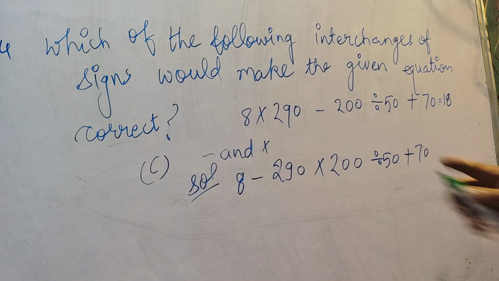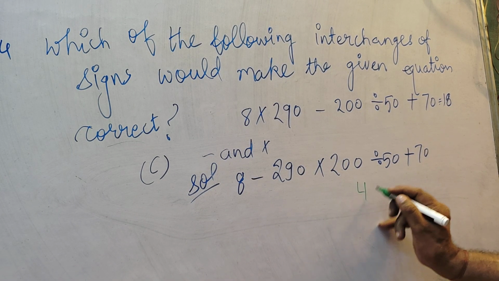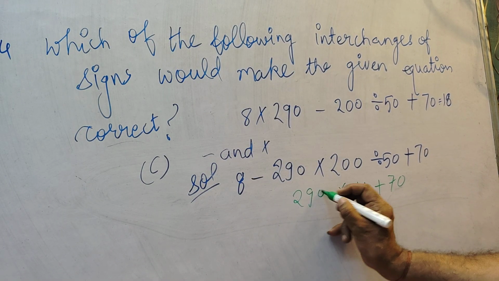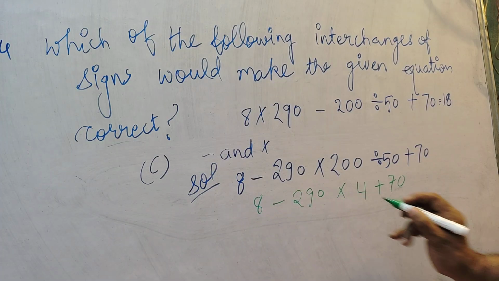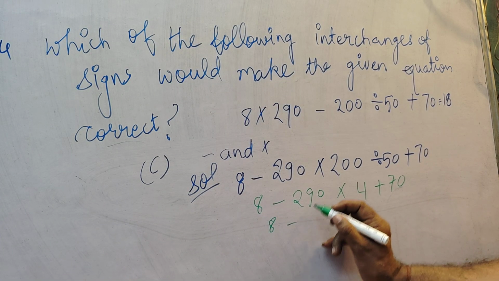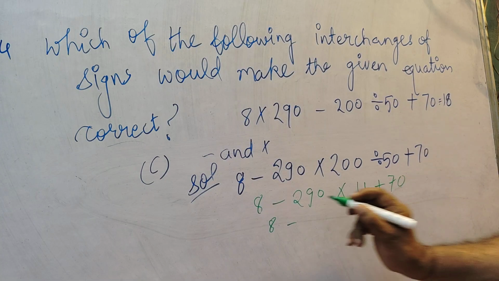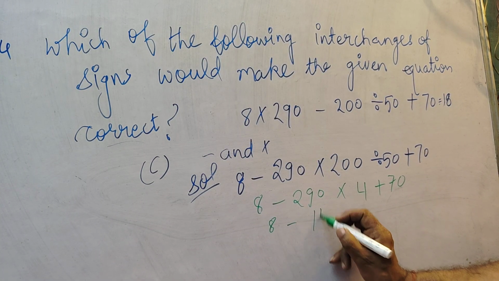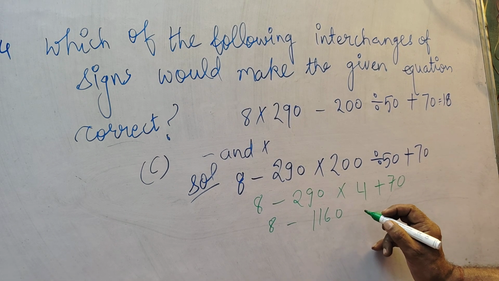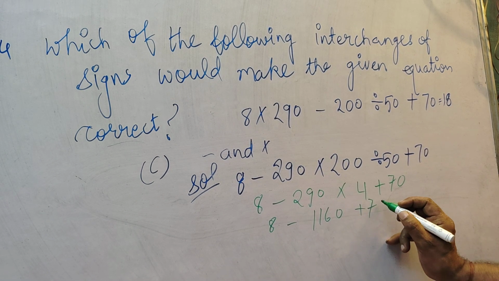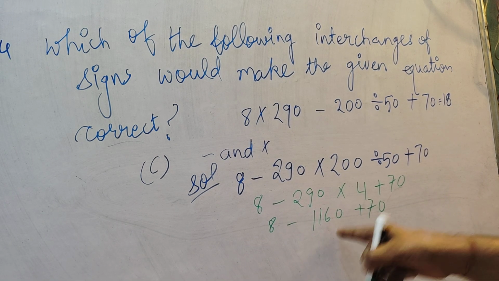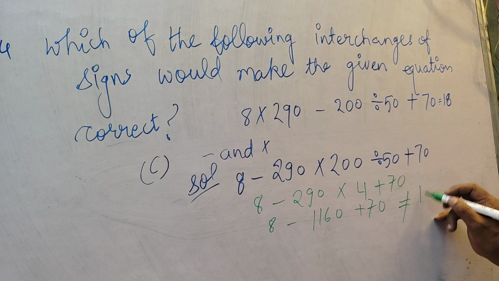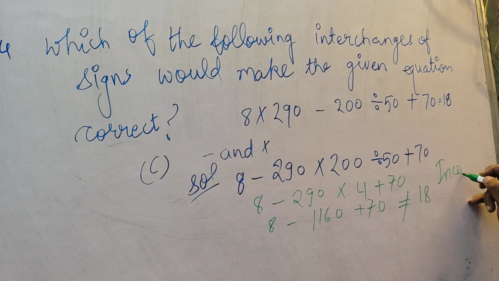Now 200 divide 50 gives us 4, because we are doing divide first according to DMAS. Next is multiply, 290 times 4 is 1160 and the negative value is larger, so the answer is negative, not equal to 18, so it is also incorrect.